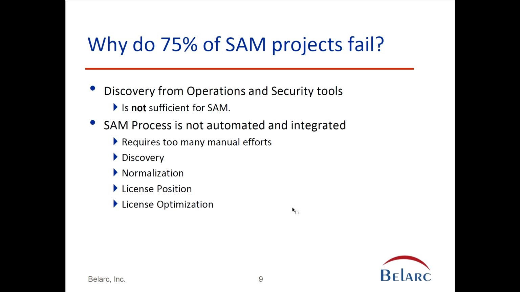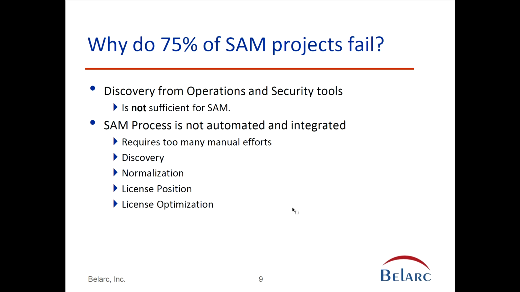So why do so many SAM projects fail? Our postulate is that it's really from the ground up: discovery from operations and security tools is really not sufficient for your software asset management project.